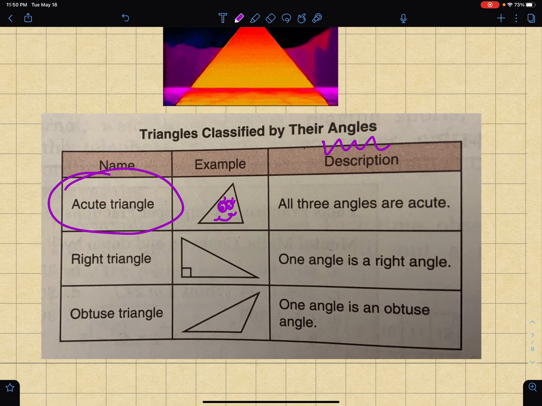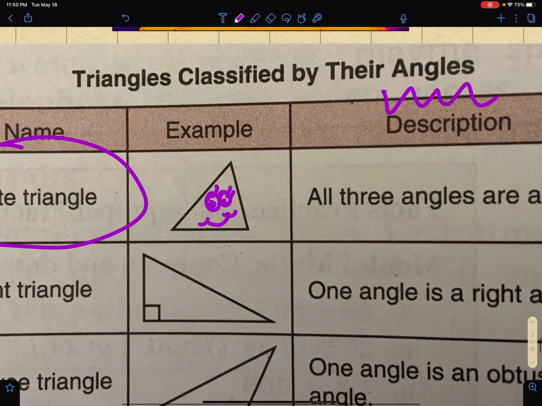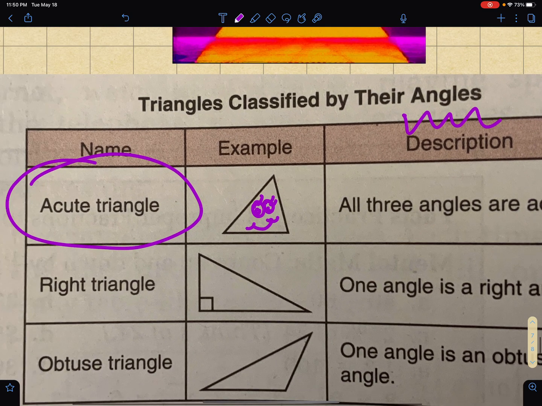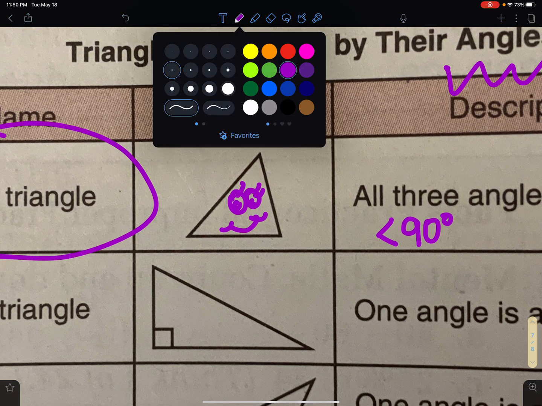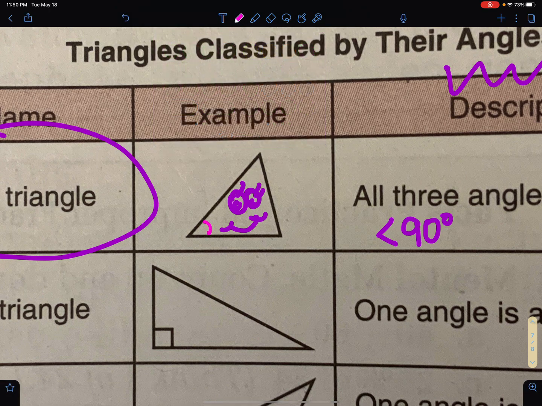It means all the angles are acute. What does that mean? All the angles are less than 90 degrees. So they're not big fat angles. They're cute little tiny angles. So this is cute. This is acute. This is acute. So they don't have to be the same. They just have to be less than 90.